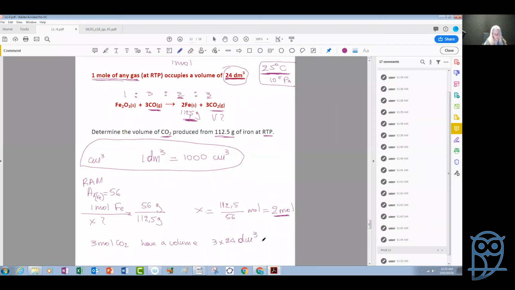And well, this is 72 cubic decimeters. So the answer is that the volume of carbon dioxide produced is 72 cubic decimeters.